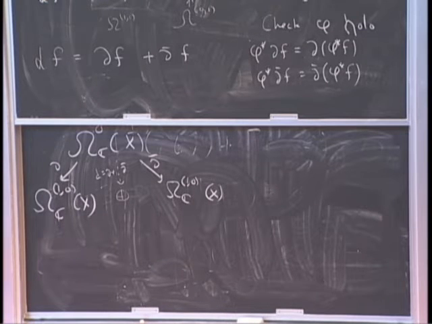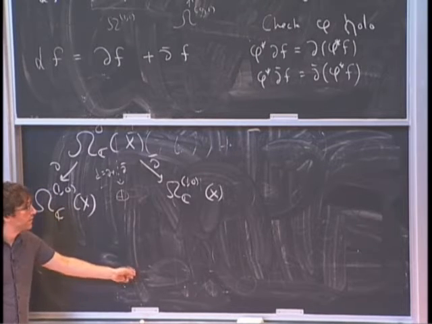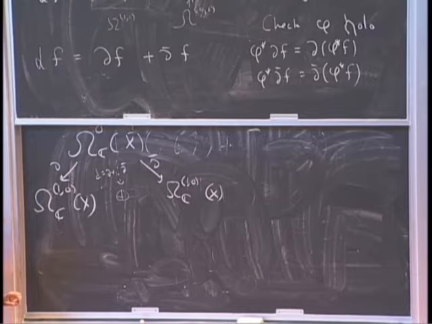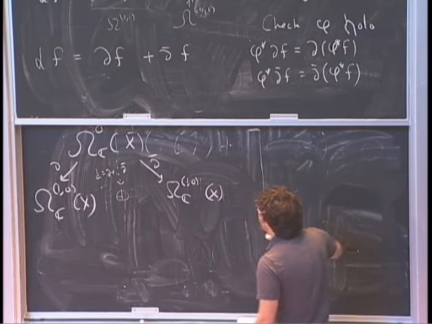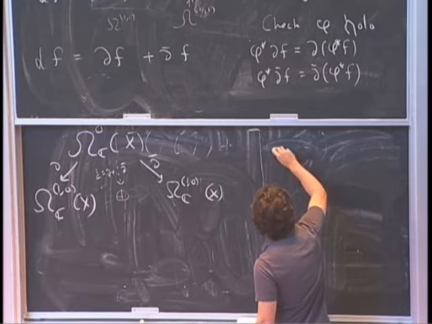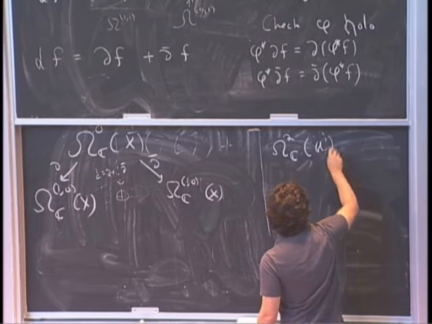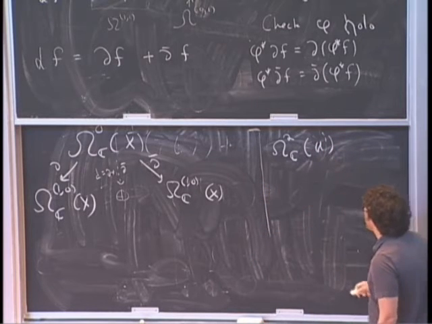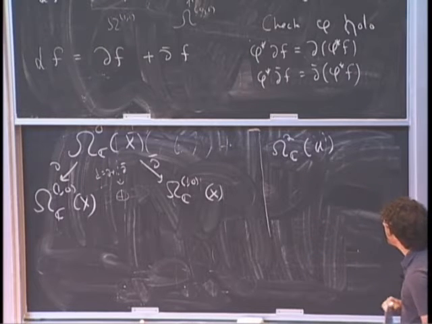And similarly, we can look at the same situation where now we want to see what happens when we take d of a form here. Going back just to the surface, in coordinates, you can check that if you look at omega 2c of u prime, this is the span of a complex valued function times dx dy.